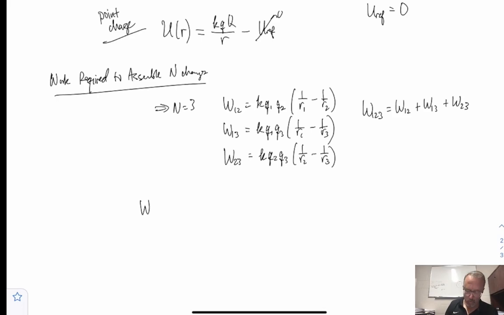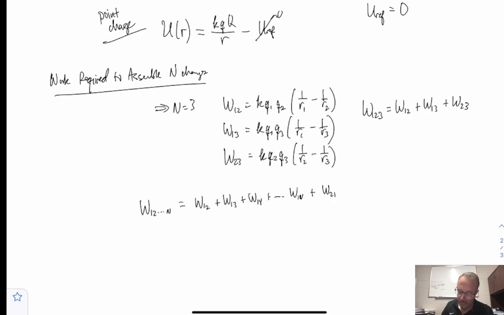If I want the work required to assemble n charges, I just do all of these things. 1 to 2, 1 to 3, 1 to 4, dot, dot, dot, 1 to n, plus 2 to 1. Now this is where it gets tricky, because notice I don't have a 2 to 1 in here, right? So it's not really 2 to 1.